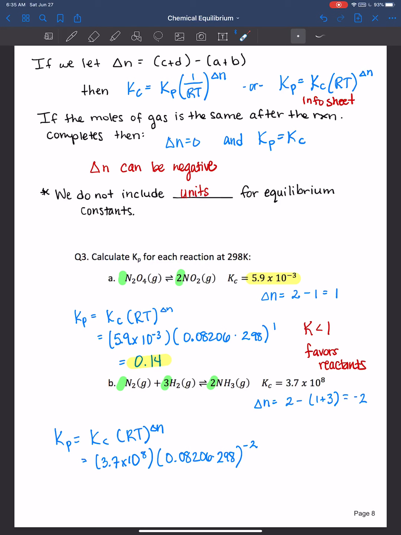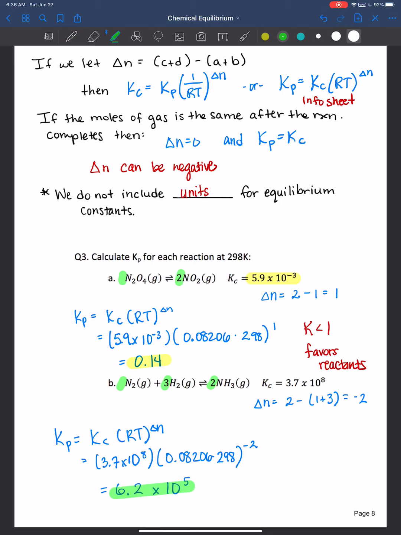But once again, I always plug this in first, then raise that whole term to that power, and then finish off multiplying, because I don't want the calculator to do the whole thing and mess up my answer. So just a word of caution there. As someone who's experienced calculator errors, it's no fun, right? So 6.2 times 10 to the 5th would be the answer for Kp here.